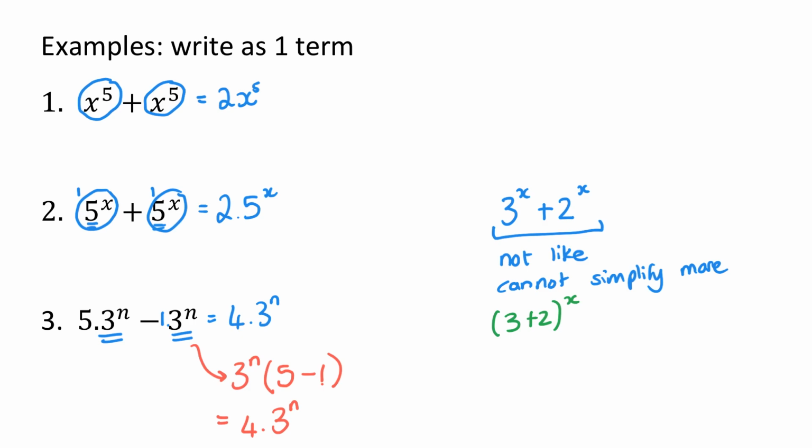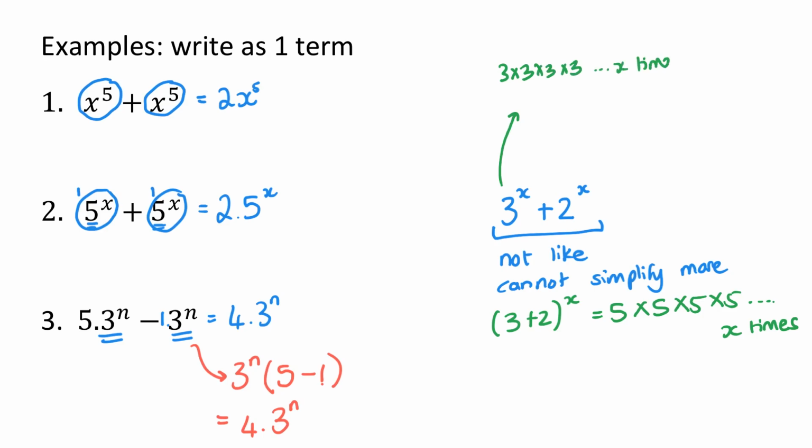But that means something quite different, because this will be 5 times 5 times 5 times 5, x times. And that's different from 3 times 3 times 3 times 3, x times, plus 2 times 2 times 2 times 2, x times.